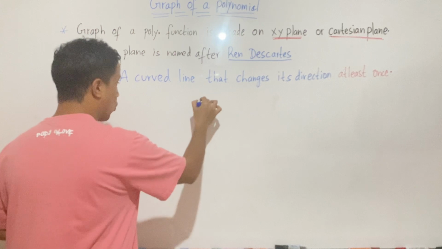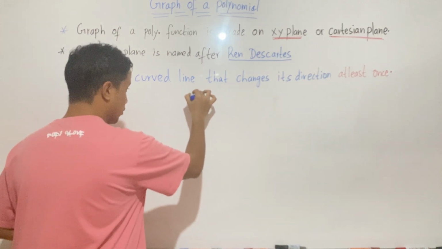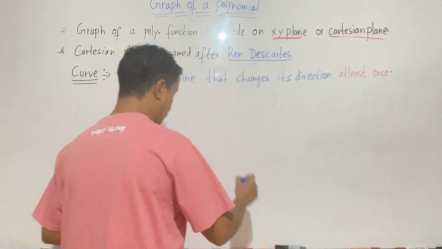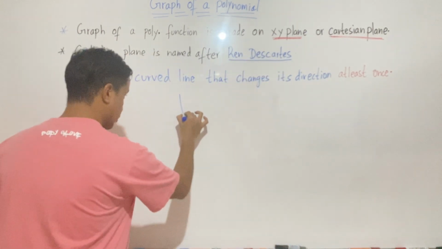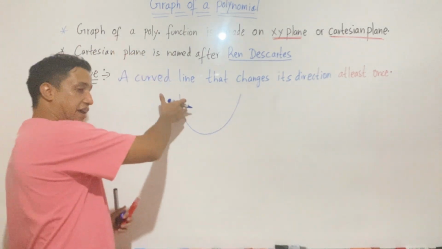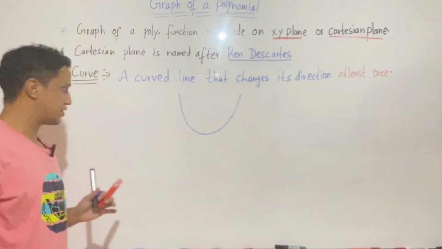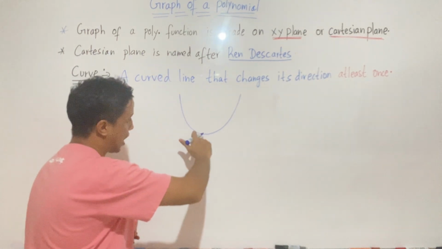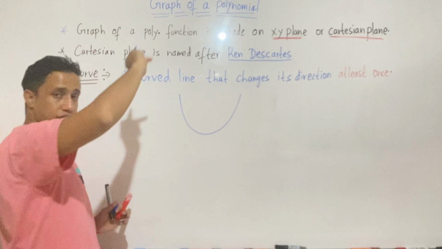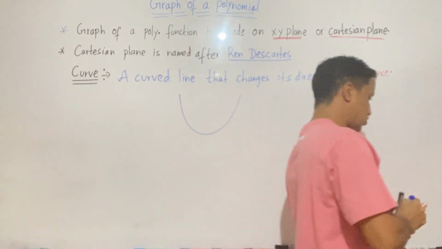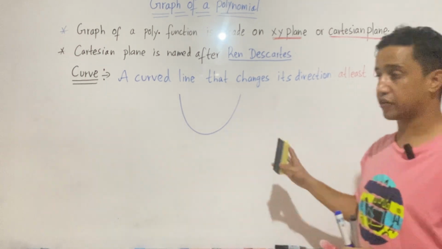When we sketch the graph of a parabola, it goes like this. Now if you look at this curve, what is it? It's a curved line that changes its direction at least once. Got my point? So that's the definition of a curve.